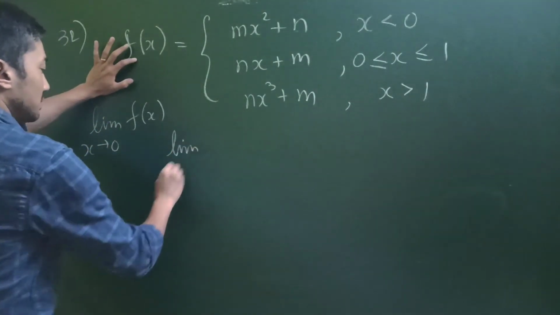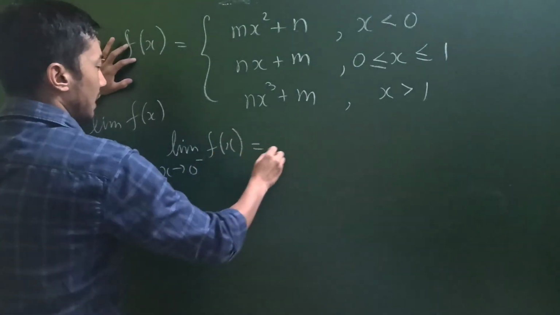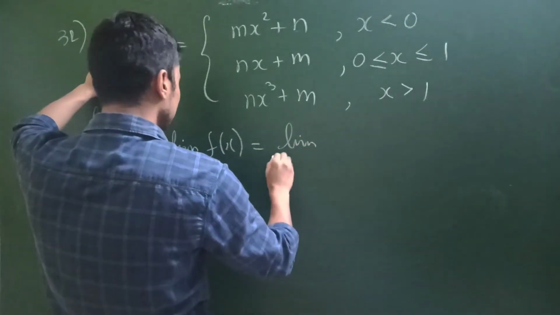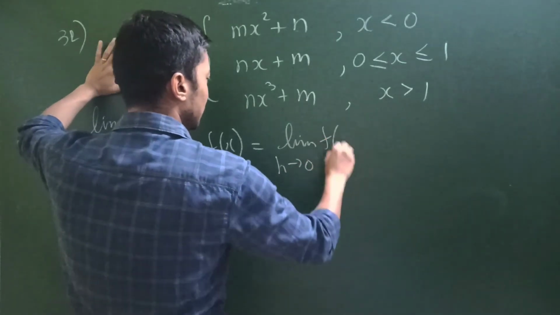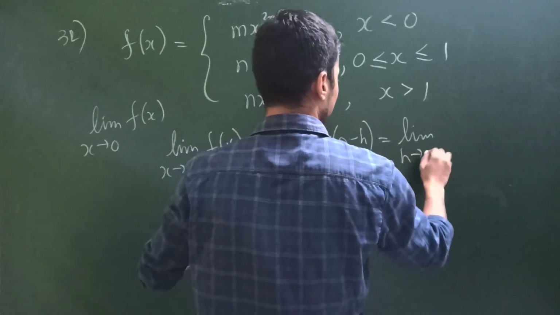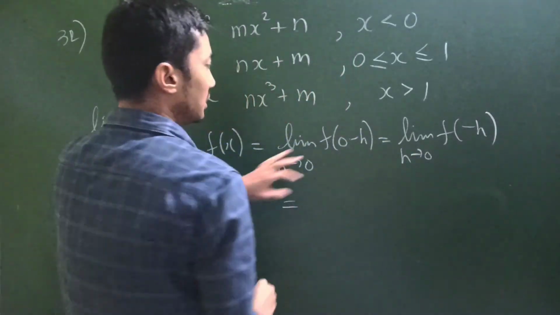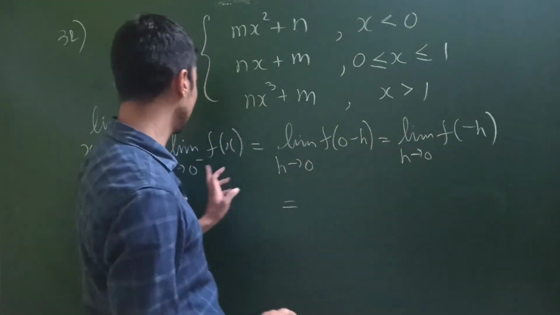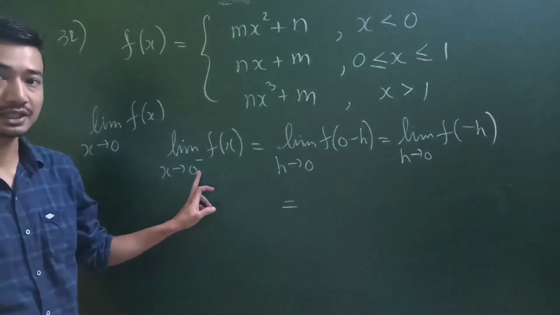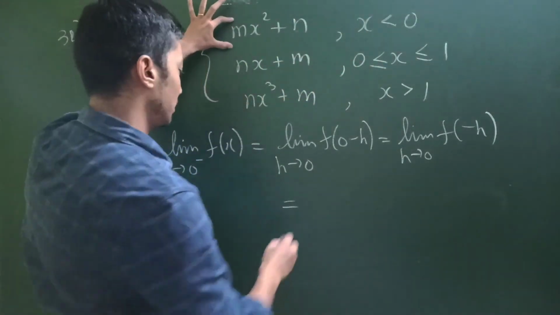So that is going to be the limiting value as x tends to 0, the left hand limit. That will be limit h tends to 0, f of 0 minus h. So that is limit h tends to 0, f of minus h. For minus h, that is approaching 0 from the left hand side, that is slightly less than 0. So whenever x is less than 0, we are supposed to use this function.